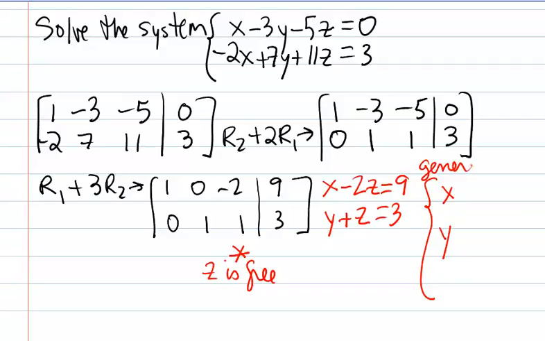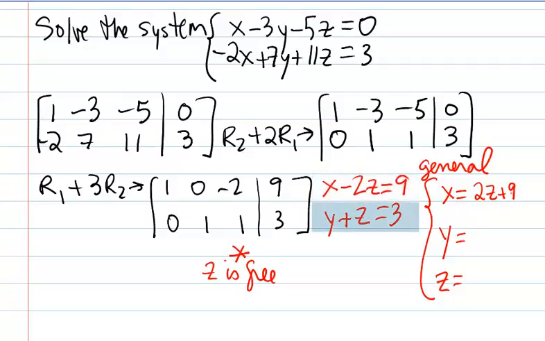My general solution starts out like this. X equals, y equals, z equals. I have to say something about all three variables that are in my equations. So x, I'm getting from this first equation. I add 2z to both sides, and I get 2z plus 9.